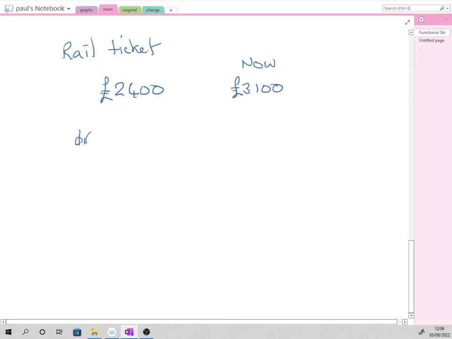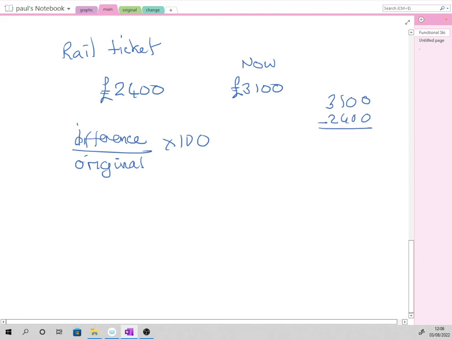Remember, the difference over the original times 100. So the difference between these two numbers, 3100 minus 2400, is 700. I could have done that without all that, but there you go.